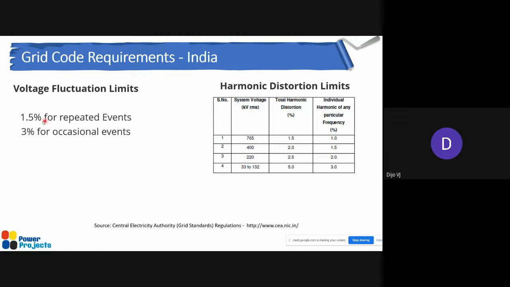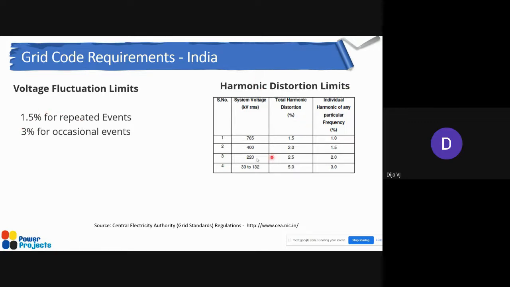But when it comes to fluctuation from repeated events with a short interval, then you need to limit it to 1.5% at the point of interconnection, not at the location of the connected motor. There you cannot maintain 1.5%, but we are talking about the point of interconnection so that other consumers will not be affected because of motor starting in one of the industries. So that is the importance of it.